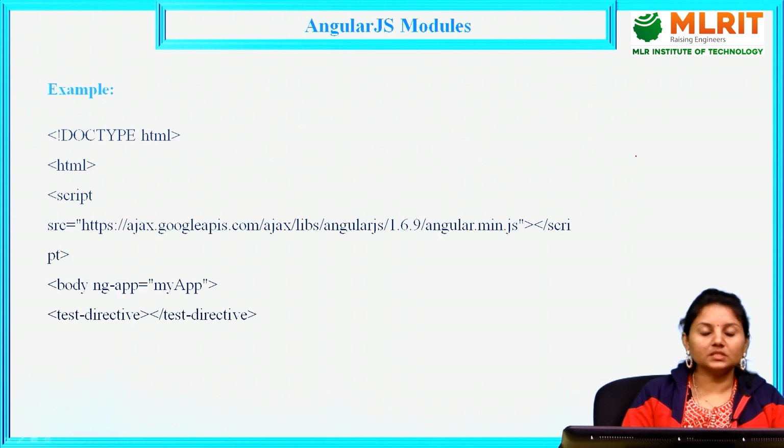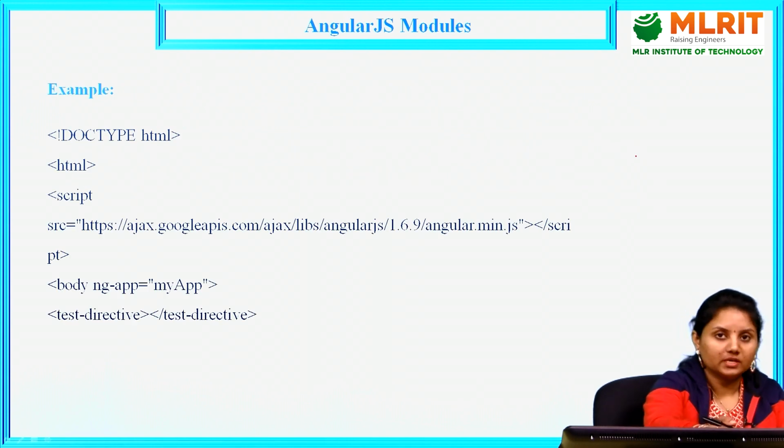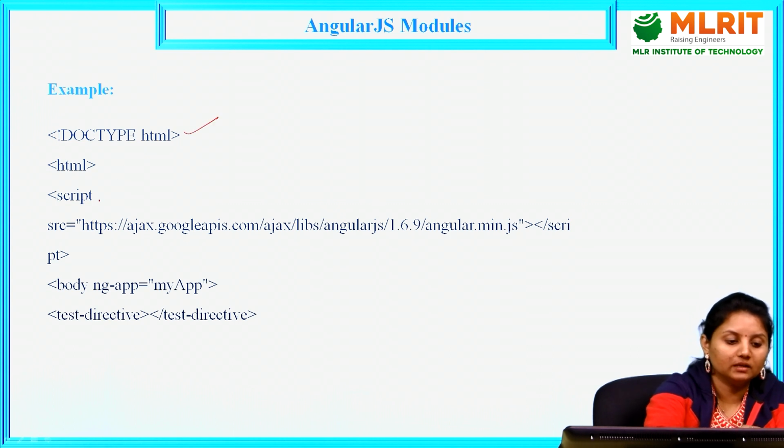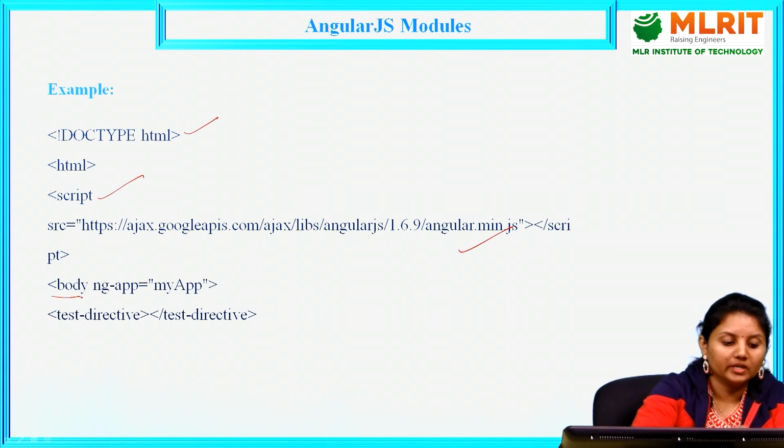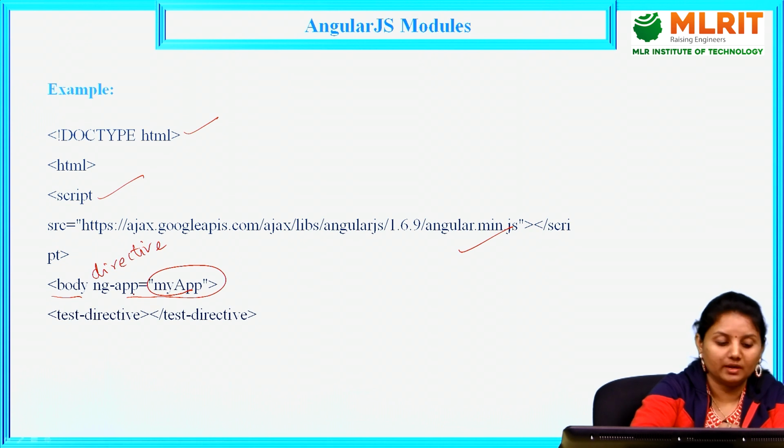This is an example of how to create your directive. As usual, here is the HTML tag, then the script tag with your link, which is available online to make AngularJS work. In the body, ng-app is my app. ng-app is the directive that defines your application.